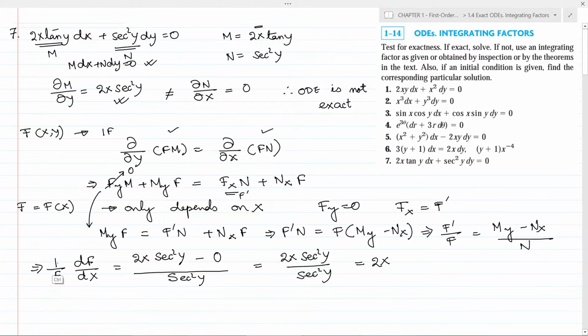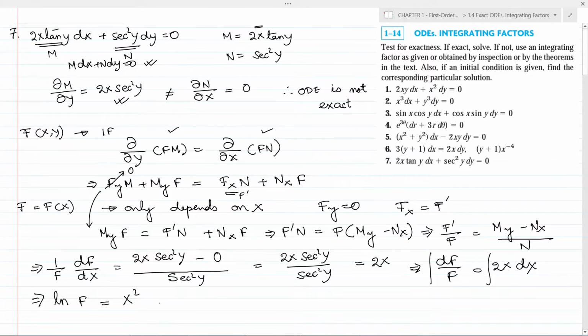Now this equation is a separable type differential equation. We can take this dx to the right hand side and we can write df by f equal to 2x dx. Now integrate both sides. Left hand side equal to natural log of f, and right hand side equal to x square.